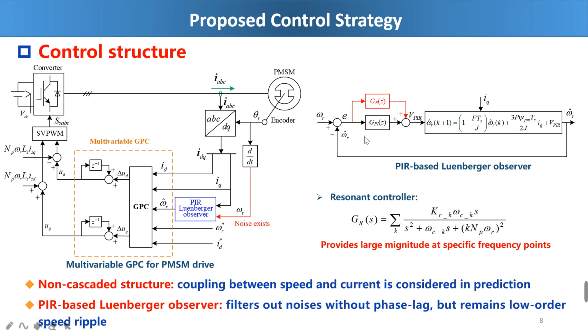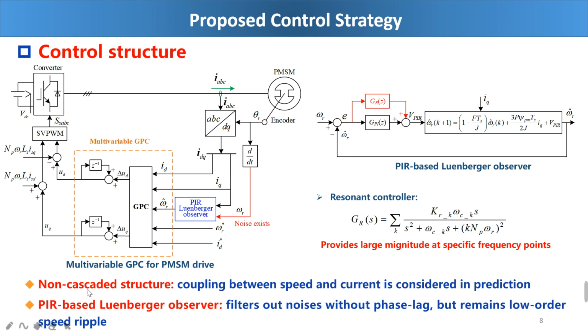But here, in order to keep the low order speed ripple signal, we add an adaptive resonant controller, which can change its resonant frequency according to our rotor speed. So with this PIR-based Luenberger observer, we can remove the noise but keep the low-order speed ripple information.